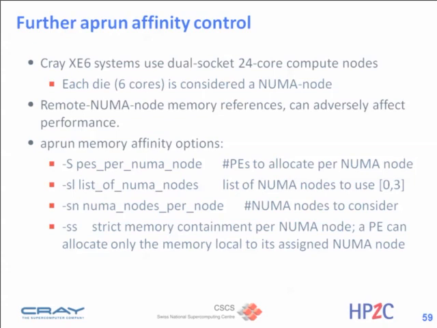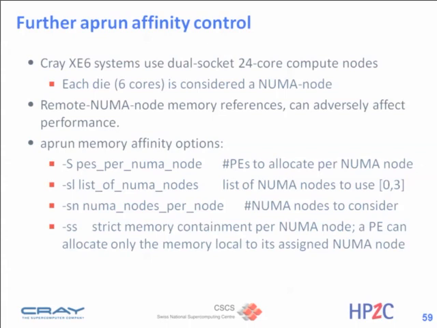So if you want to have an MPI rank on each die, we have 4 dies, okay? 4 dies each of 6 cores. You should specify here -S1. In this way, only one MPI rank is executed on a single die.